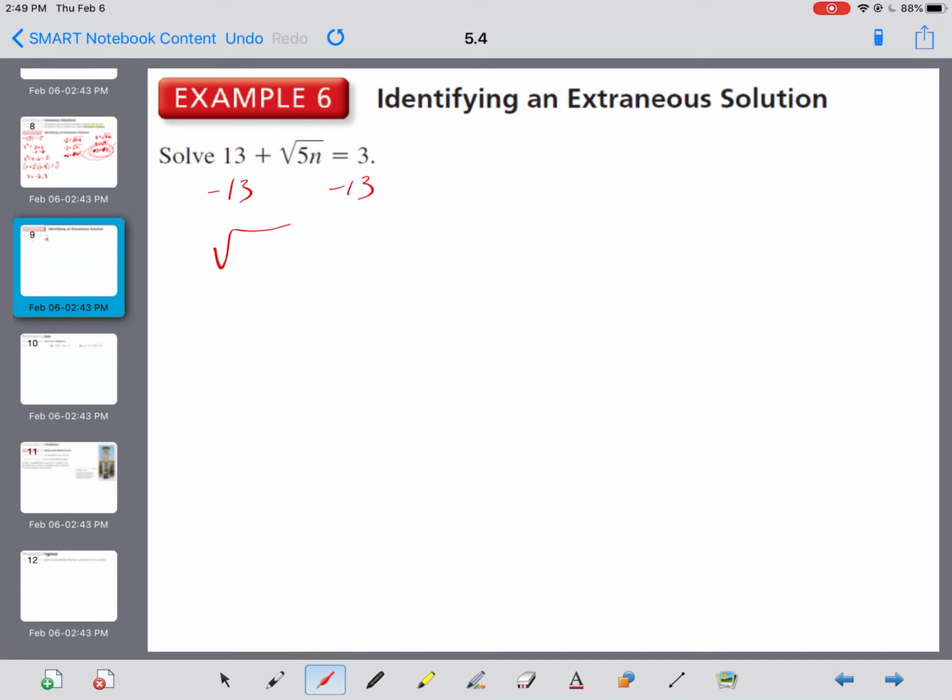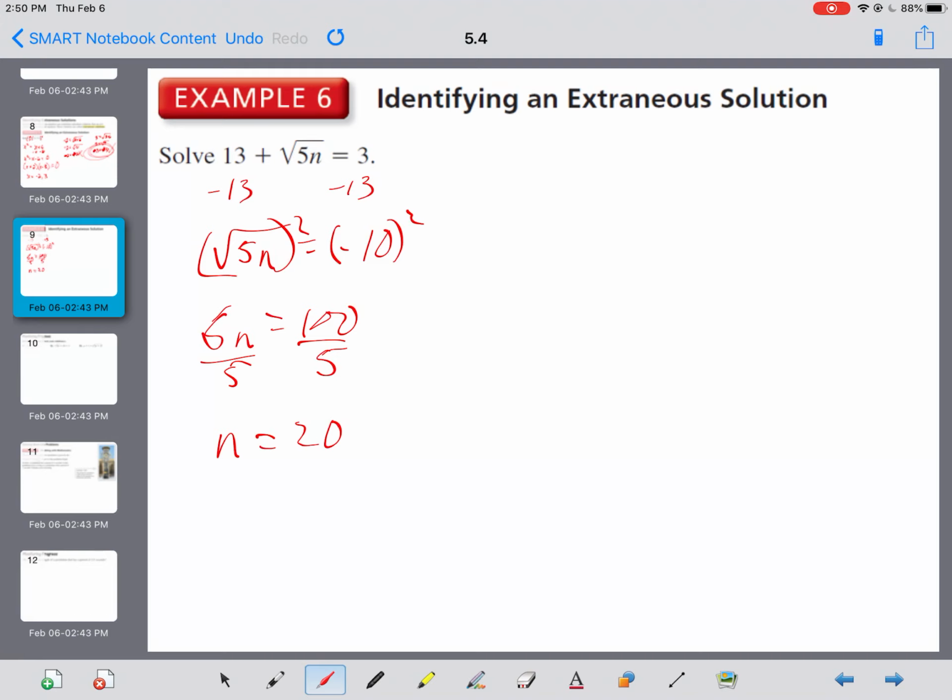Well, move that 13. So the square root of 5n equals negative 10. I'm going to square both sides. 5n equals 100. Divide by 5. n equals 20.